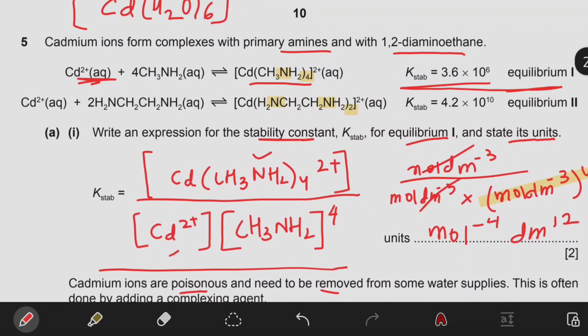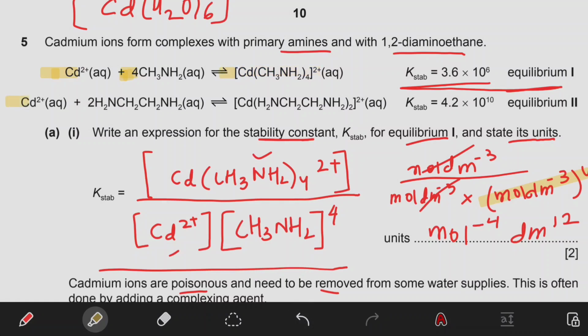So let's see. If you see here in equilibrium 1's equation, there are 5 moles of solutes being used to make 1 mole of this complex.